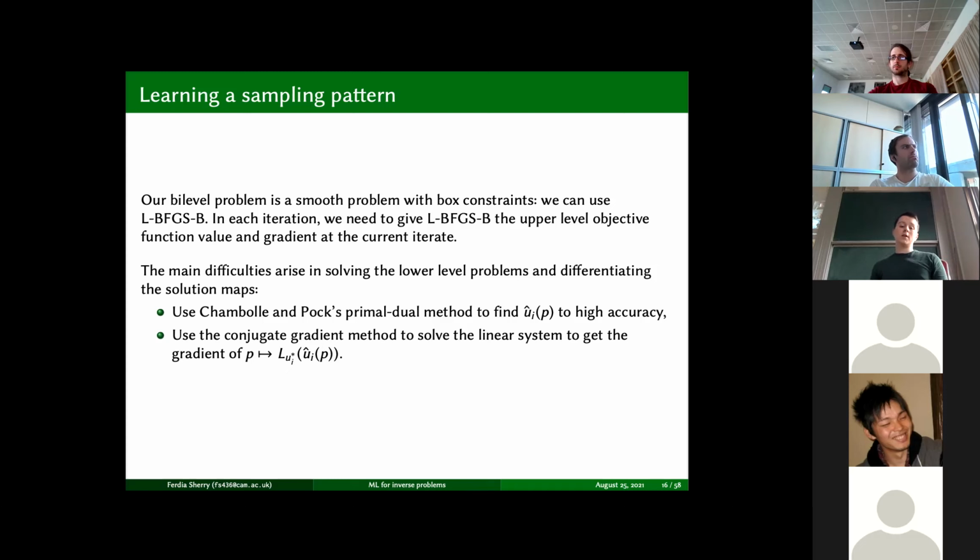Then I'm solving the adjoint equation, the linear system that we have to solve, using the conjugate gradient method, and plugging this all into L-BFGS-B, because, like I said, the sampling pattern is basically a projection operator. So we'll parameterize it with values between 0 and 1, and the penalty will try to encourage both sparsity and that it's binary valued.